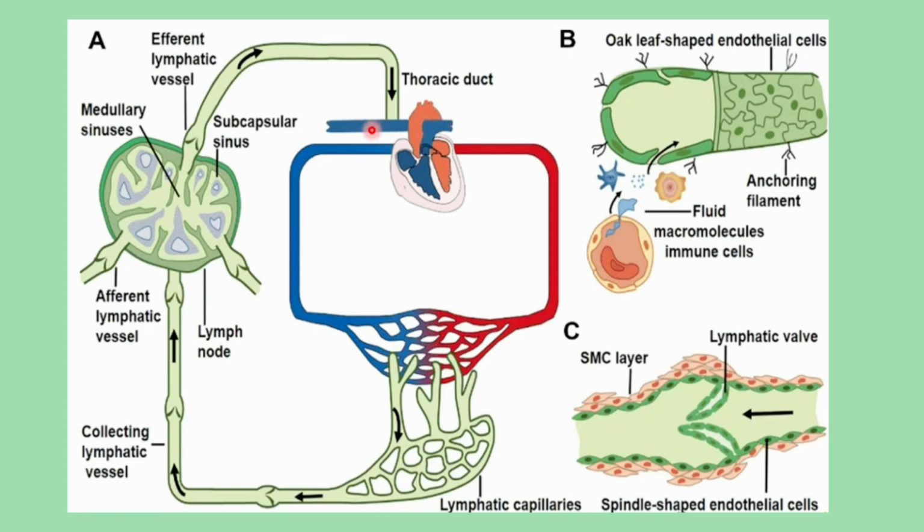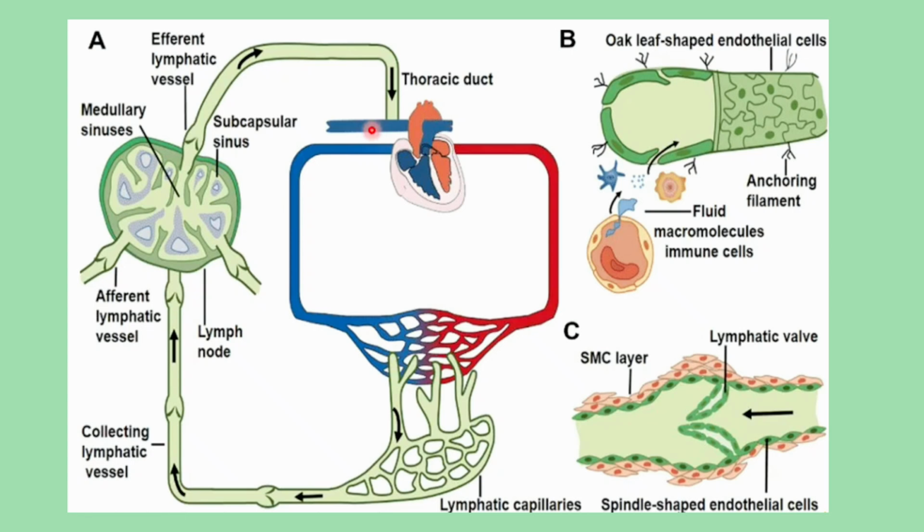So I pulled this from the lecture videos that you guys watch. I feel like it's a really good visual of how the lymphatic capillaries are very closely connected with the circulatory system capillaries. It's taking the fluid that's filtered out of the capillaries and bringing it back up to the heart to enter back into circulation.